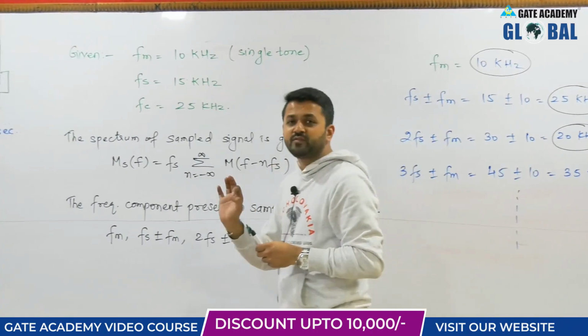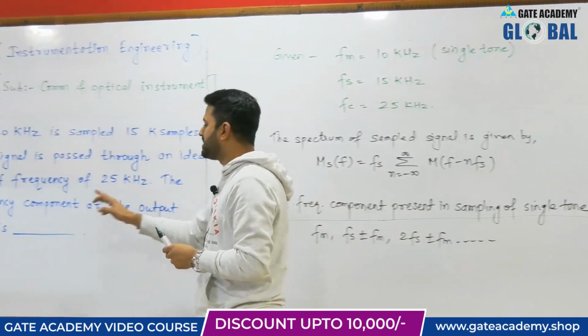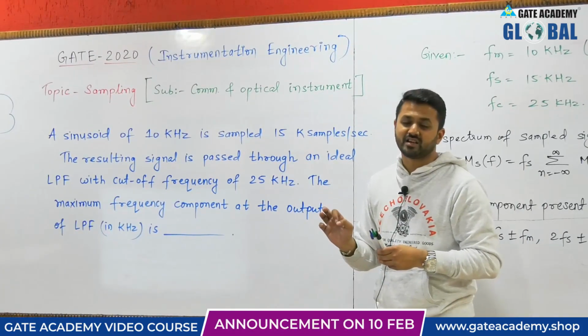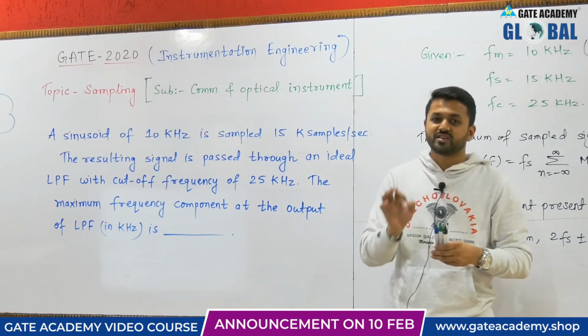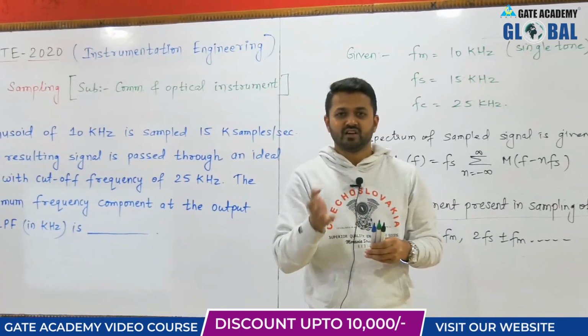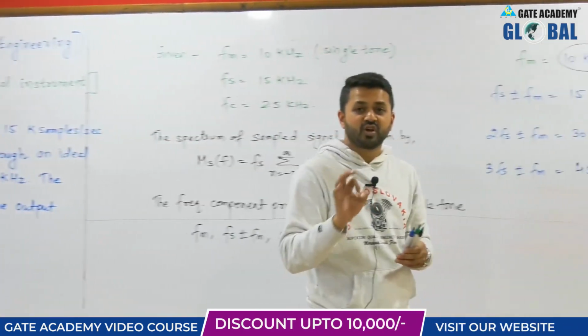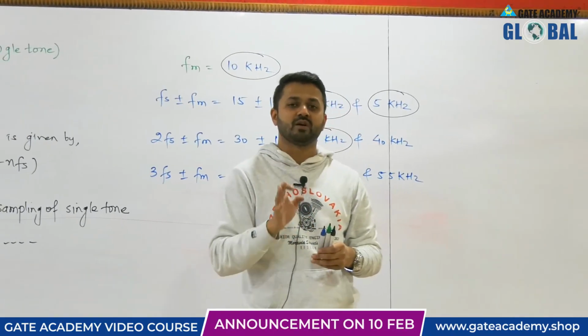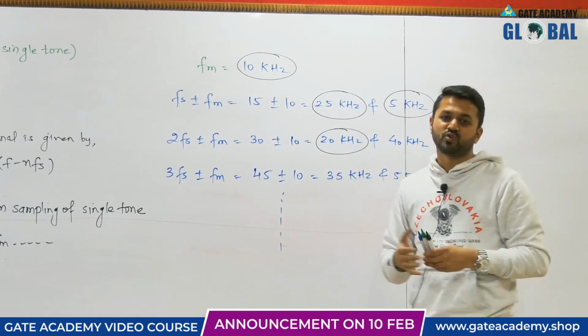You have to read the question carefully: we have to find the maximum frequency component, not the number of frequency components present at the output. We have to find the maximum frequency component that is present at the output of low pass filter.